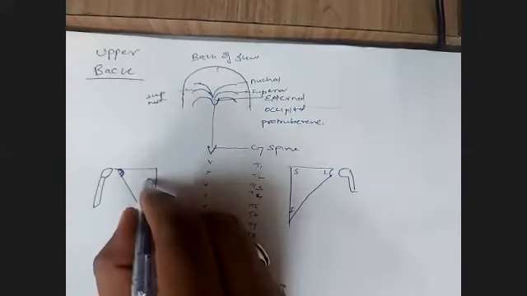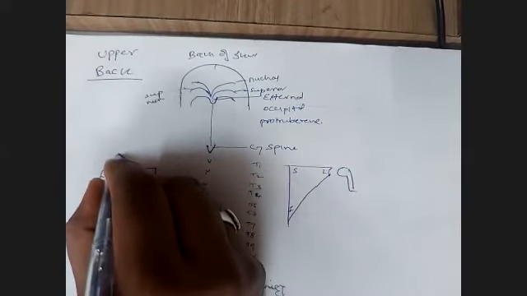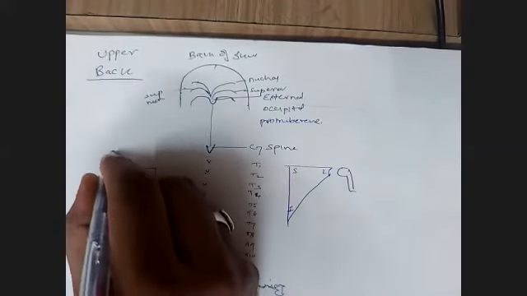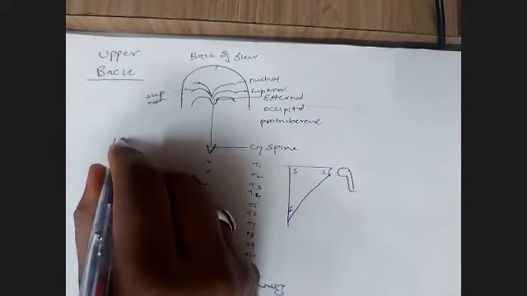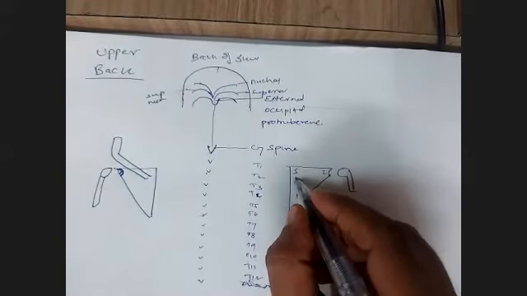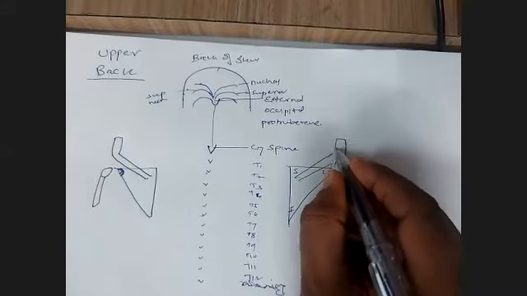Now the scapula has something called the spine of the scapula, and the upper part of the spine of the scapula is called the acromion. So this is the spine and this is the acromion.